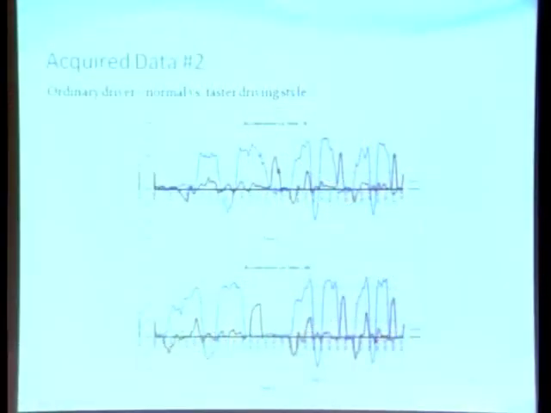On this slide, you can see data from one of the drivers. This driver had to drive the first circuit in his normal driving style. And before the second lap, he was asked to drive slightly faster. When comparing the two graphs, a noticeable increase of lateral acceleration in the bends can be seen.